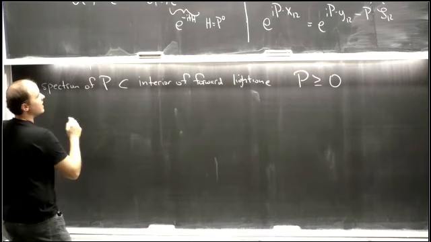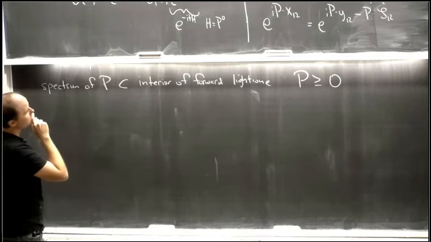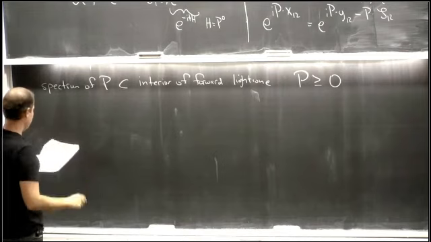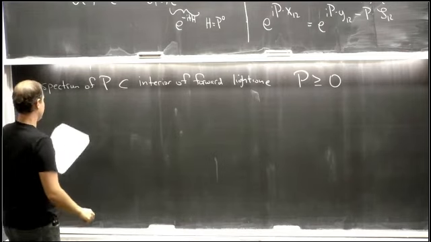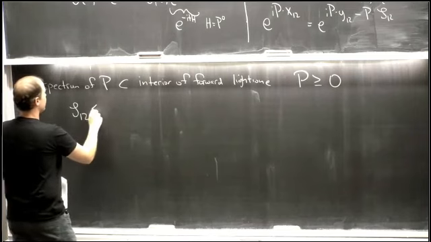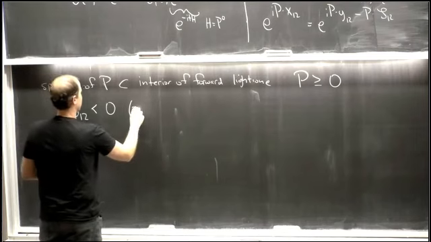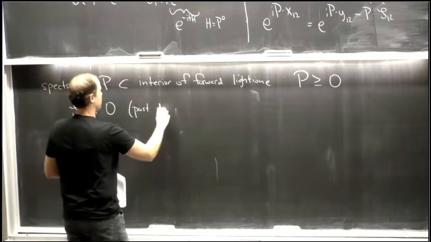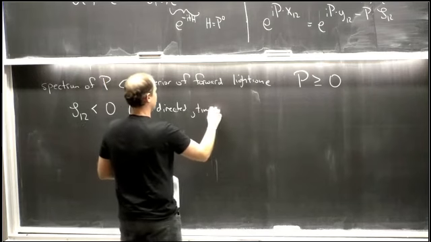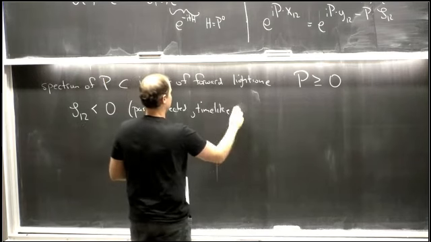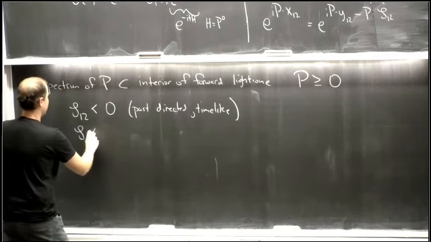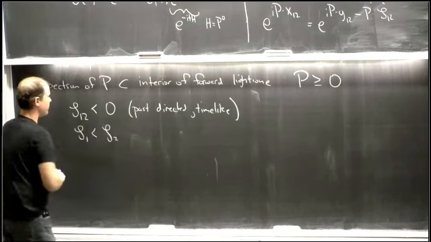And what this means is that if we choose zeta_12 to be past directed and time-like, and another way of writing this is zeta_1 is less than zeta_2.